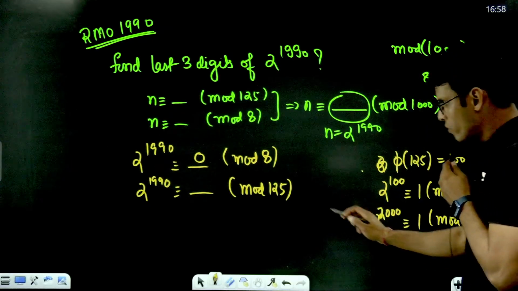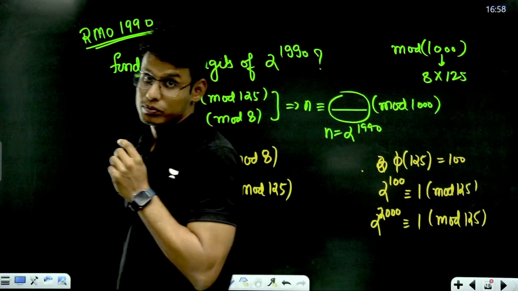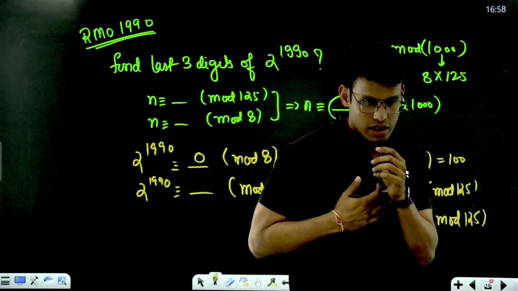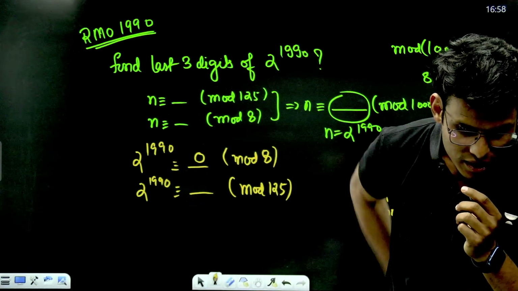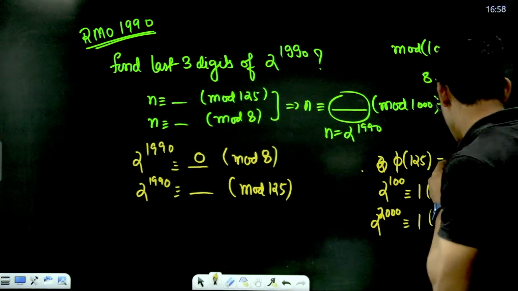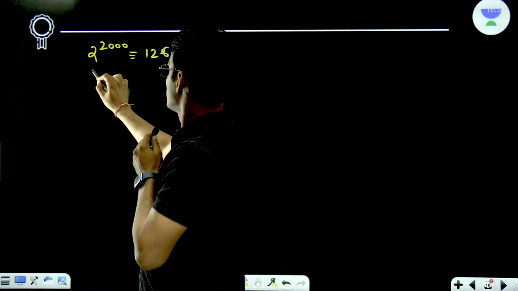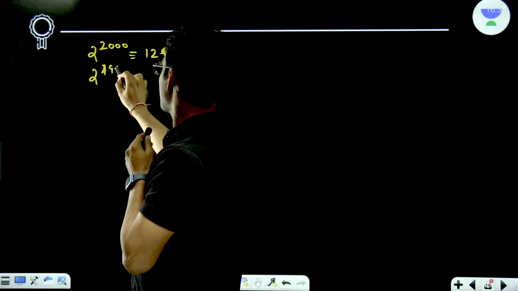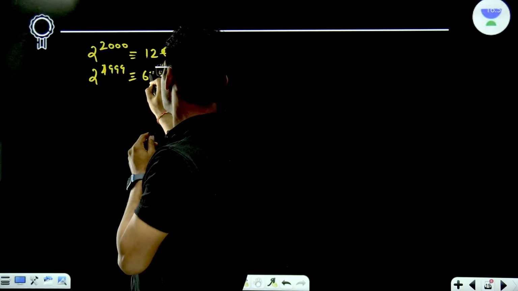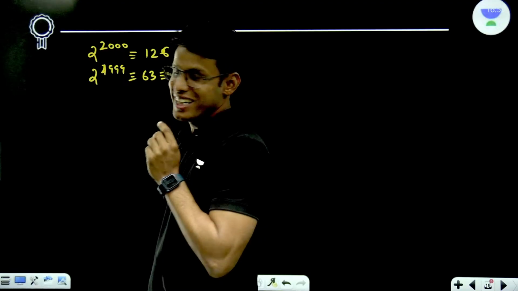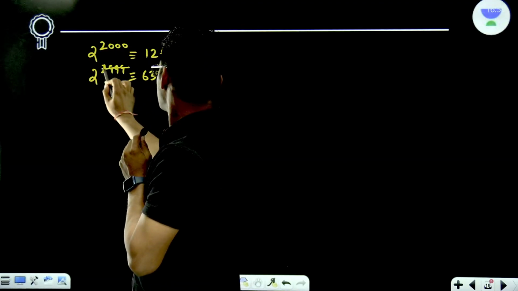Now, how to solve 2 to the power 1990? I have a method here. Let me help you out. See, 2 to the power 2000 can be written as 126, 2 to the power 1999 is 63, or it can be written as 188.